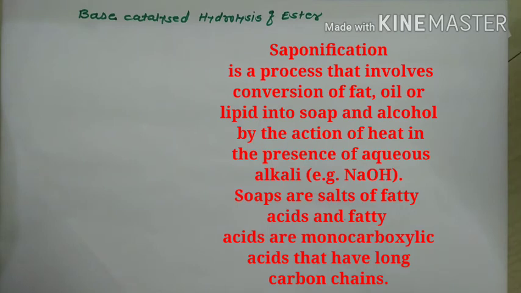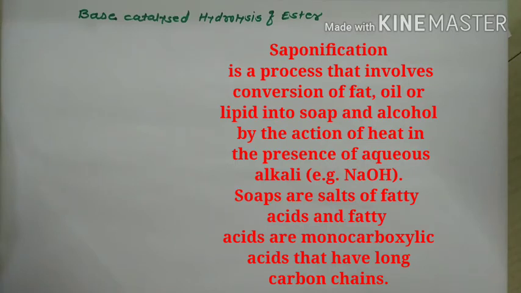The acid catalyzed hydrolysis is reversible and does not go to completion. The alkaline hydrolysis of ester to get the sodium salt of the acid and alcohol is called saponification.